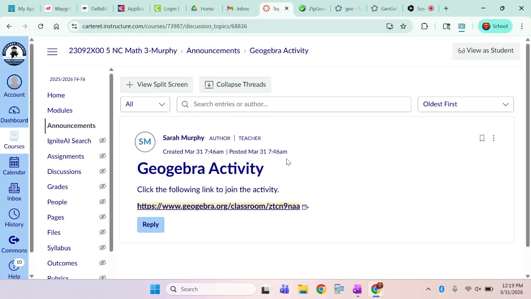So go to Canvas, my announcements, GeoGebra Activity, and then click on the link that's within it. I also want you guys to take out your packet and go to page 11. So take out your Unit 5 packet and go to page 11. So get that link open and then take out your packet. That's what I need you to do right now.